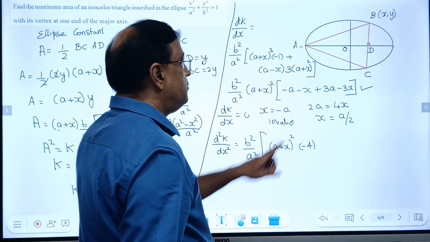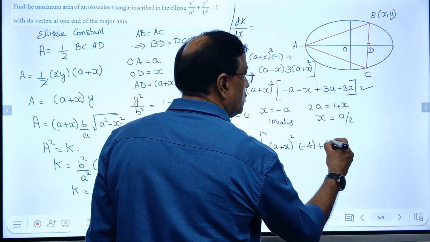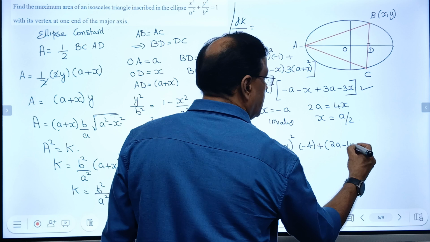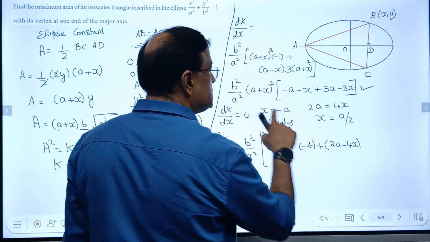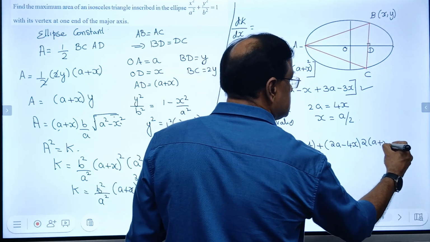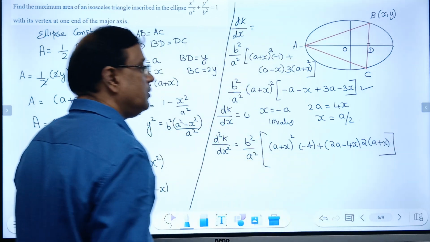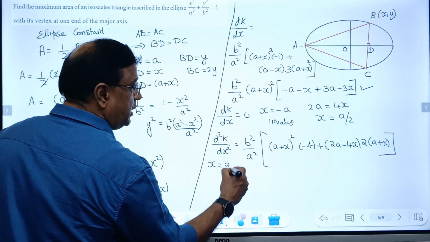Why? Minus 4x differentiation is minus 4, plus 2a minus 4x. Differentiation of this will be 2 times a plus x.